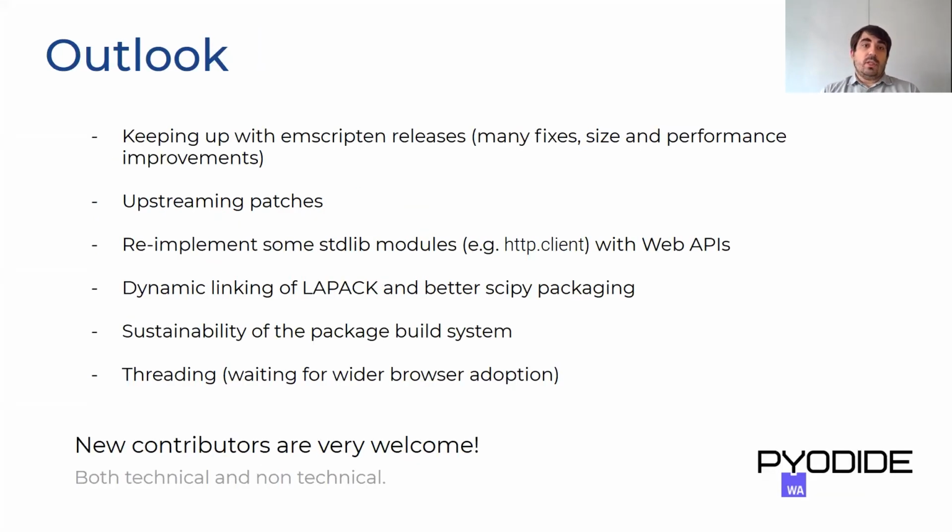And to conclude, there's still a lot of things that could be improved. For instance, we need to work on keeping up with Emscripten releases, because those releases include a lot of fixes, both in terms of size, in terms of performance, and just bug fixes. We also need to spend time on upstreaming patches.